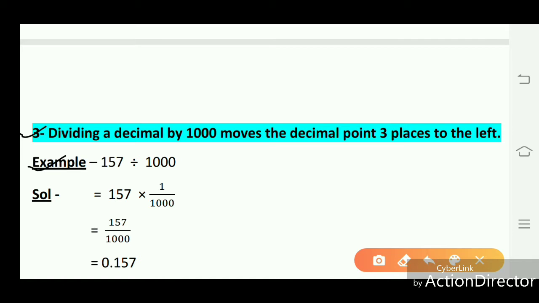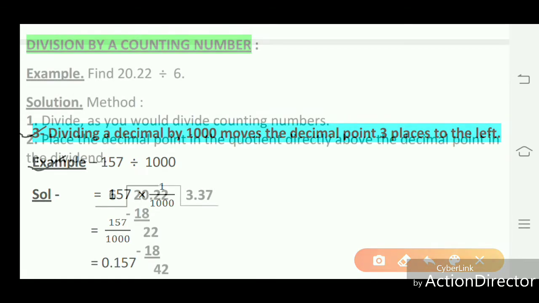When you multiply 157 by 1, we get the product 157 upon 1000. Here 1 has 3 zeros, so the decimal moves 3 places to the left-hand side. So we write 0.157. So when we divide 157 by 1000, we get 0.157.